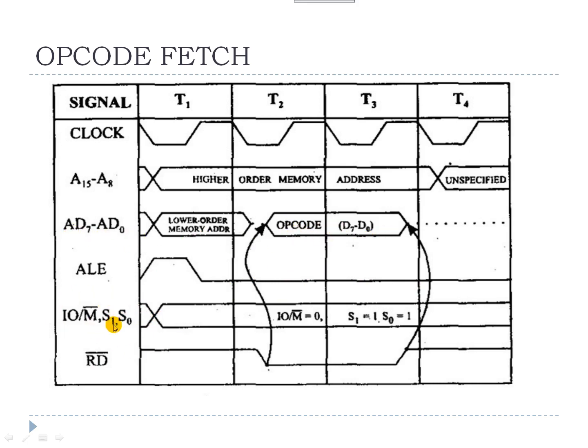The control signals we have here are S0, S1, having the operation of opcode fetch. Opcode fetch has S0, S1 as 1, 1, so you will be supplying that control signal. Then input output bar, memory bar: since this opcode fetch is a memory operation, you need to specify it as a memory operation, so you need to supply 0.